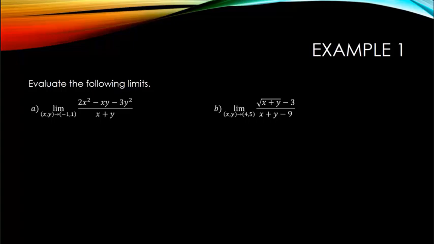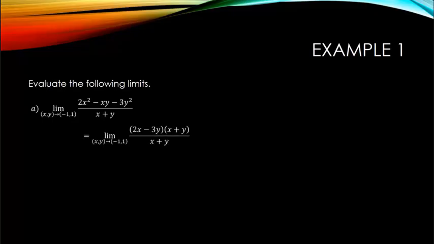In both cases, direct substitution gives us a limit of indeterminate form. For the first example, where I want to find the limit as xy approaches -1, 1 of the rational expression given by the quantity 2x squared minus xy minus 3y squared all divided by x plus y, I'm going to factor the numerator in my expression. It gives me the limit as xy approaches -1, 1 of the quantity 2x minus 3y times the quantity x plus y, all divided by x plus y.